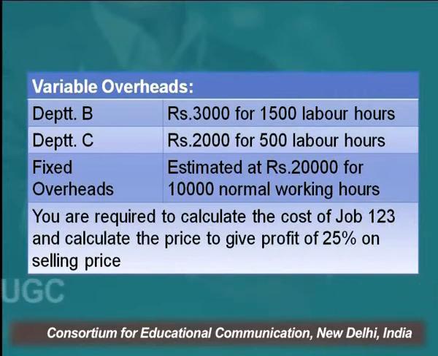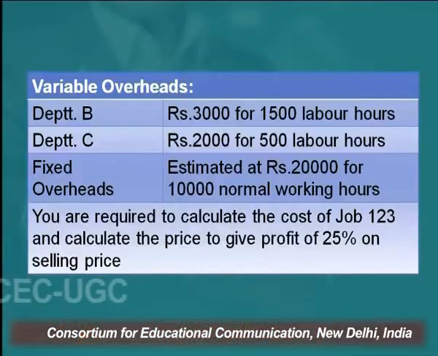Then you have a fixed overhead estimated at rupees 20,000 for 10,000 normal working hours. It is estimated that for the particular period for which we are preparing this cost, 20,000 rupees is the fixed overheads and normal working hours in this business is 10,000 hours. So the fixed overhead rate will be 2 rupees per hour, since it is the overhead divided by the working hours.